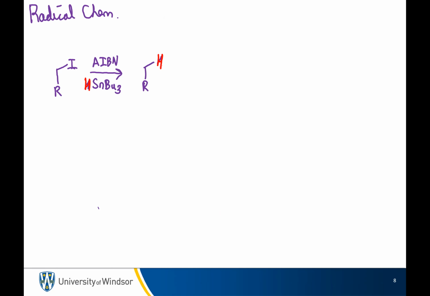What's nice about this, functionally it's the same as treating that halide with lithium aluminum hydride. The difference being lithium aluminum hydride will rip apart most of your molecule in many cases, whereas this is very, very gentle and soft and won't touch much of anything else. Be nice if you don't have any double bonds. So AIBN.